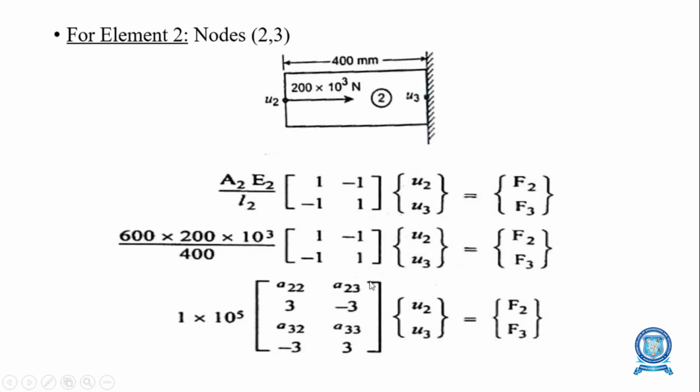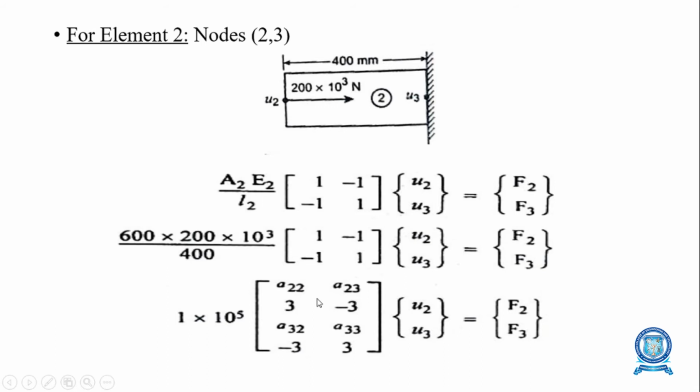Likewise, for the second element, we are giving the naming as 3 A22, minus 3 A23, and minus 3 A32, 3 A33. Why are we giving A22, A23 here? Because here there is no first row.